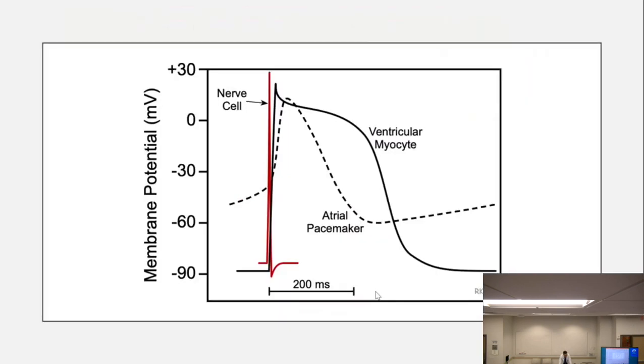Okay, before going to that slide that we have there, let's try to situate what we are going to study. We studied in the past lectures the neuron action potential.